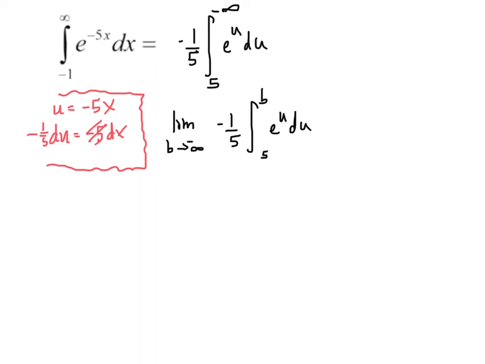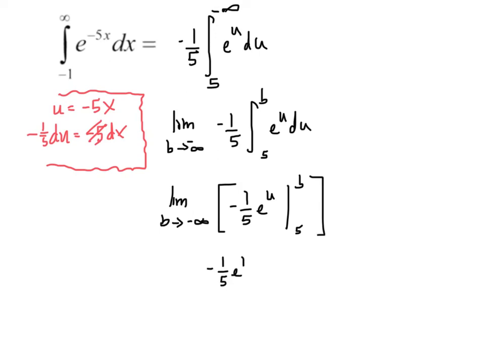The antiderivative of e to the u is e to the u, so I plug in b, plug in 5, and take the limit as b approaches negative infinity, excuse me.